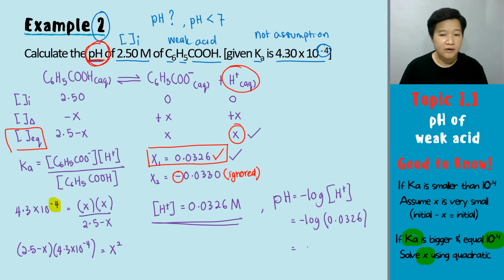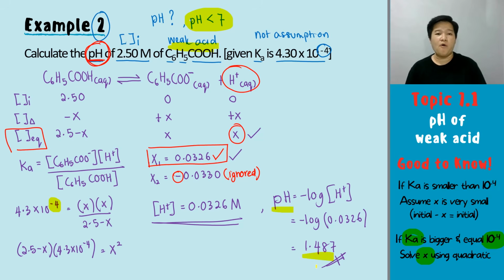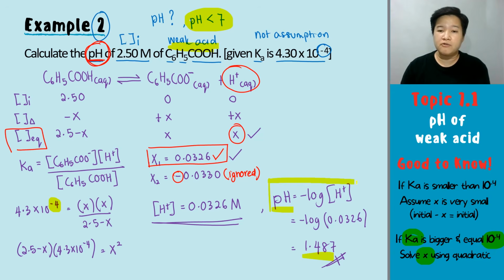The answer that you calculate should be roughly about 1.487. And that is the pH value of our weak acid over here. And as we promised, the pH must be less than 7 because it's a weak acid. And there you go. pH equals 1.487. Okay? So that is how we calculate the pH value of your weak acid.